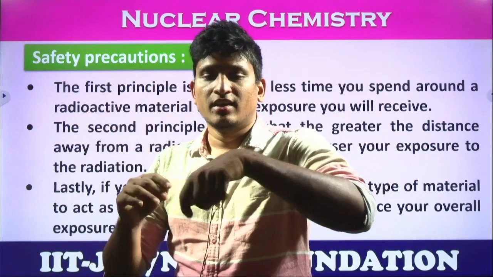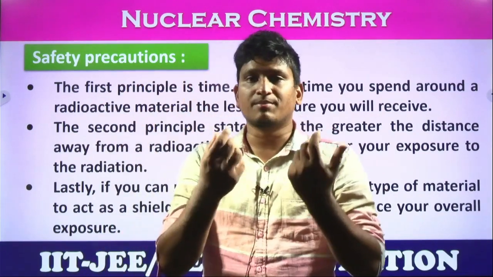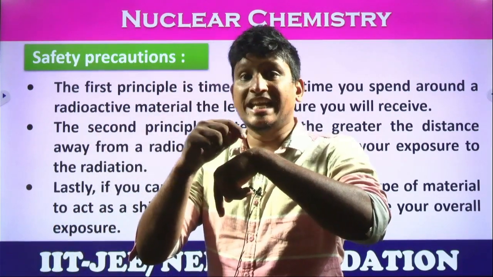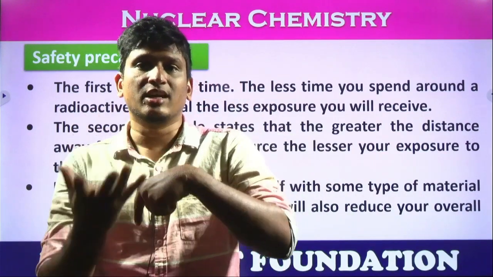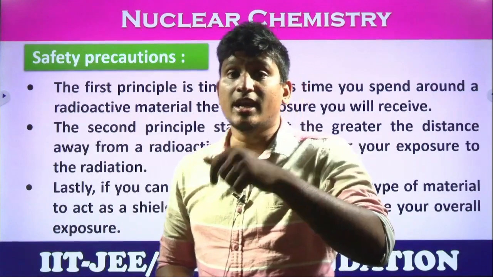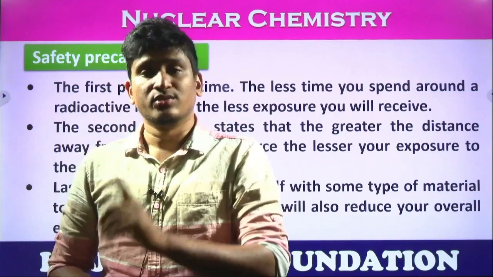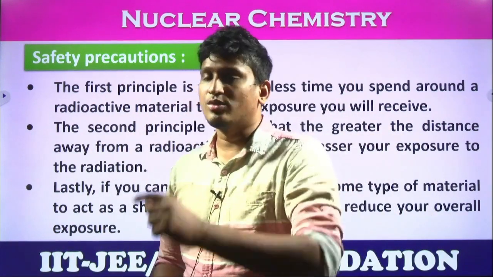Students, sometimes you have clothes with a green coating, which is radium, that glows in the dark. That is also a radioactive substance. So be careful while using these radium-painted clothes, because overexposure is not good for health.